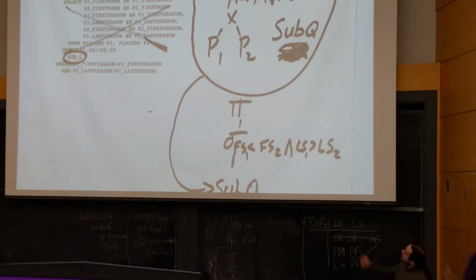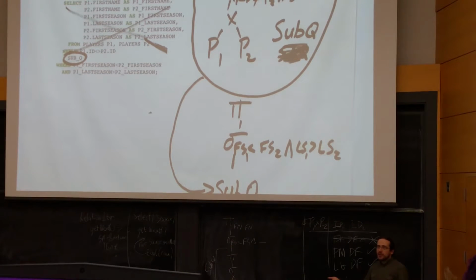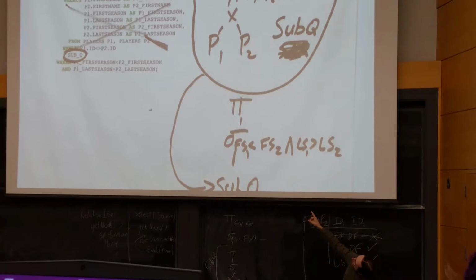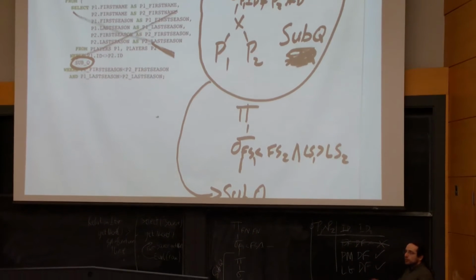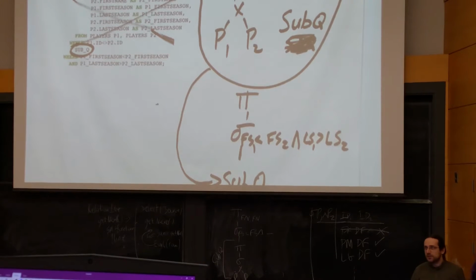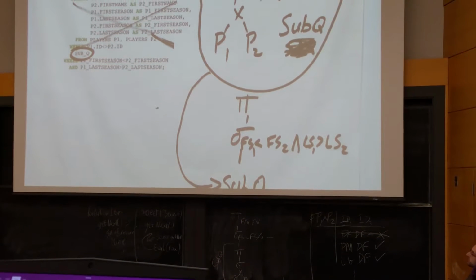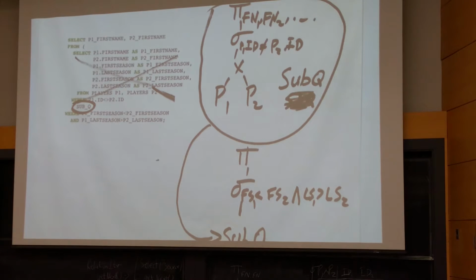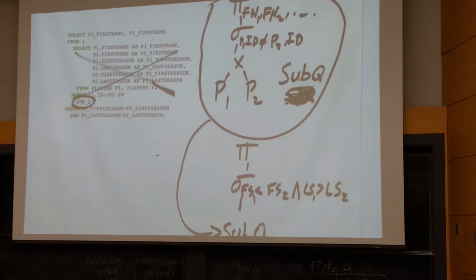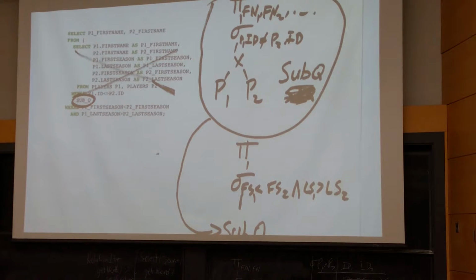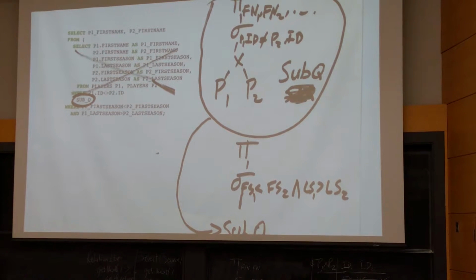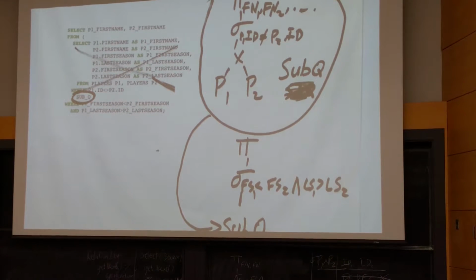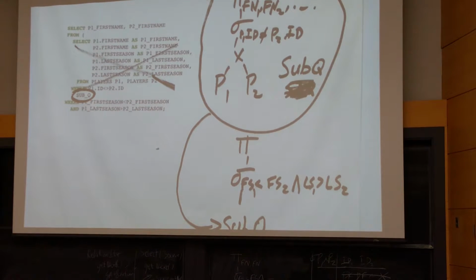In this particular case, that's not really a good idea because you have P1.firstName and P2.firstName, so both would generate an attribute with the same name, and that's a recipe for confusion. So, is there a way to differentiate between the two first names?